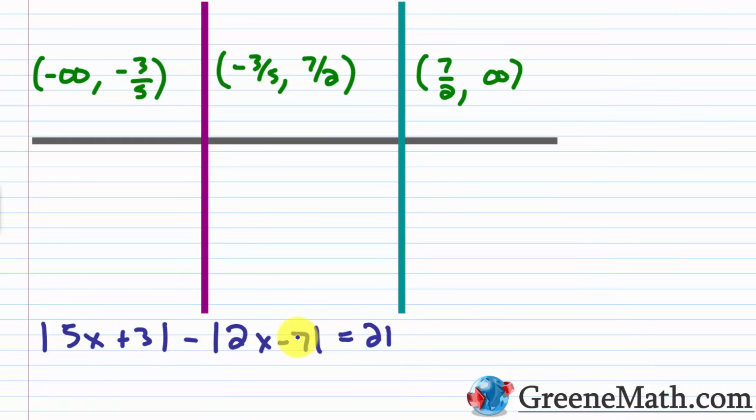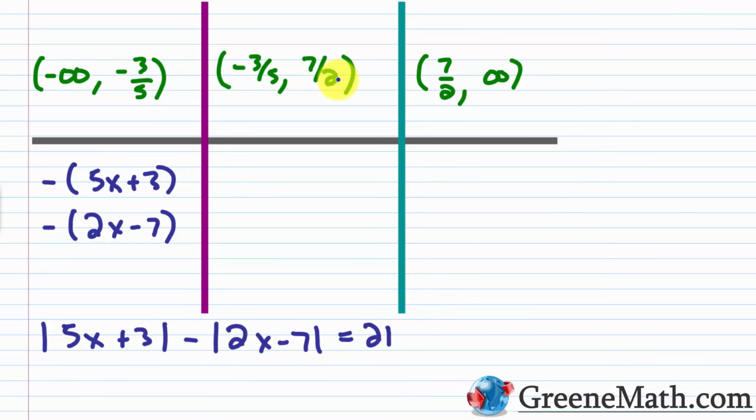If it's negative, I can drop the absolute value bars, wrap it in parentheses, and put a negative out in front, right, to change it into its opposite. So we know that if we're less than negative 3/5, both of these expressions are going to be negative, right? So 5x plus 3, I'd wrap that in parentheses, put a negative out in front. 2x minus 7, I'm going to wrap that in parentheses, put a negative out in front.